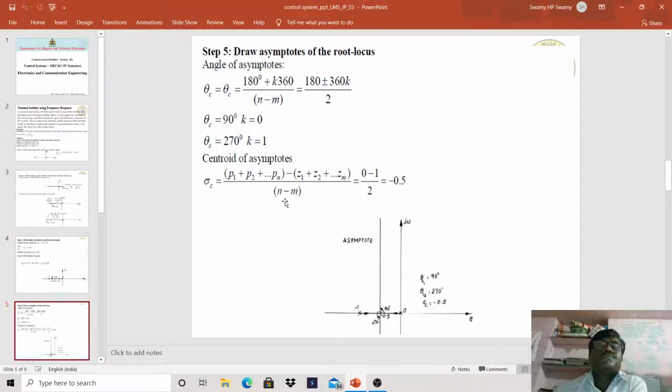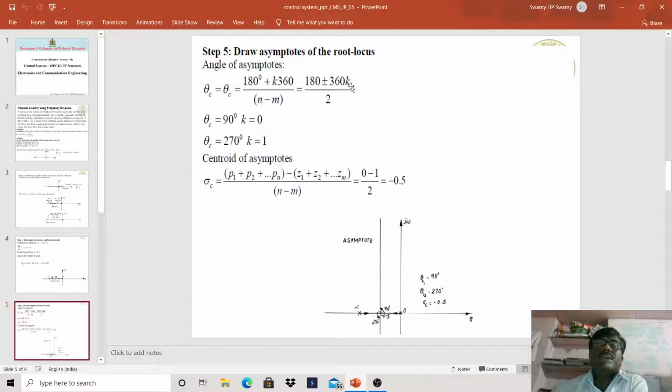Now you have to draw the asymptotes of the root locus. The angle of asymptotes theta is equal to (180 degree plus k into 360) divided by n minus m, which is 2.